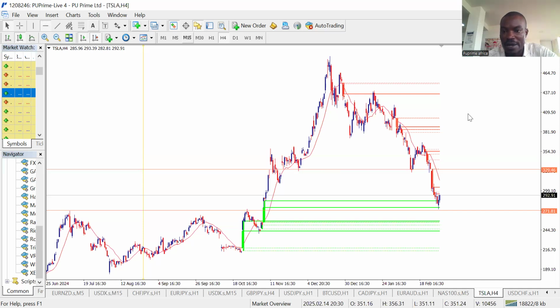So you could take a short buy for Tesla stocks to the 329.46 region before we look towards selling, because for Tesla stocks, we've had a very clear confirmation and a bearish pattern. So I'm looking forward to a short buy to sell scenario. So that is that for the analysis this afternoon. Once there's an entry, I'm going to give it to us.